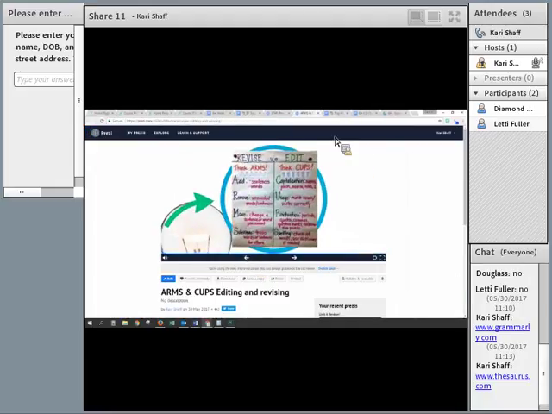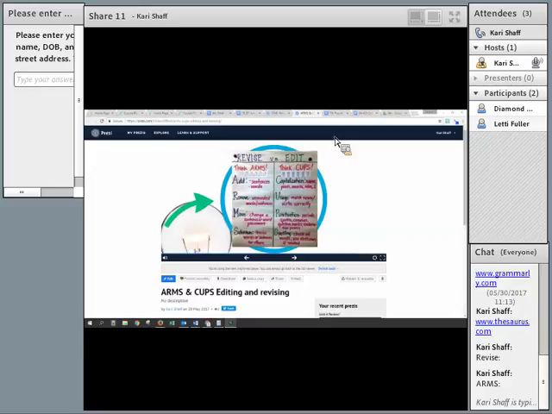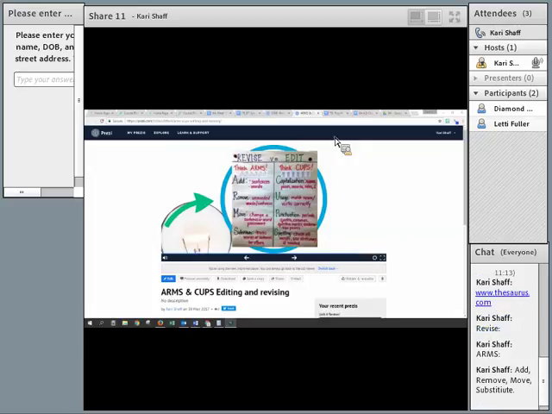Back to the beginning. Okay, so in revise, we've got arms. The first one is add, then remove, then move, then substitute.